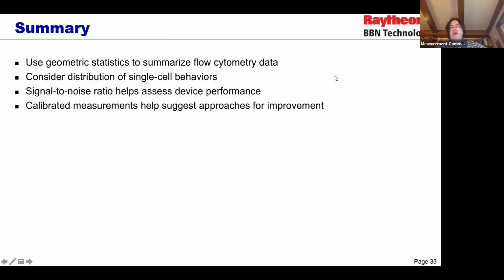So sometimes we see 561 something A on a y-axis and 488 something A on an x-axis. So that 561 and 488, those are nanometer numbers for the lasers. So the actual names you get for the channels are completely arbitrary. The names are just set by whoever set up the instrument.